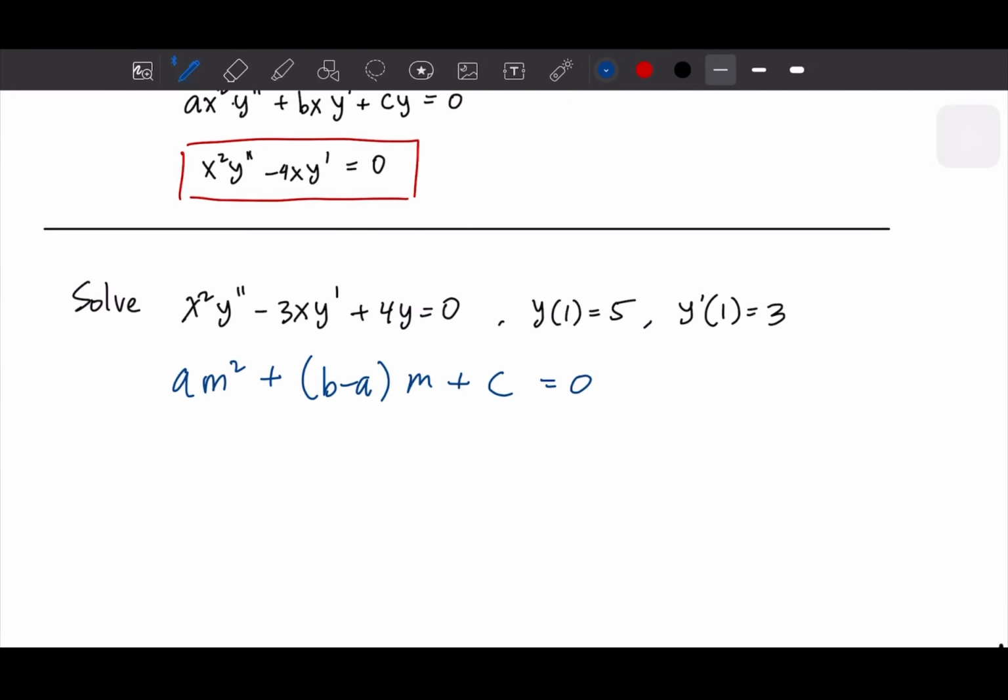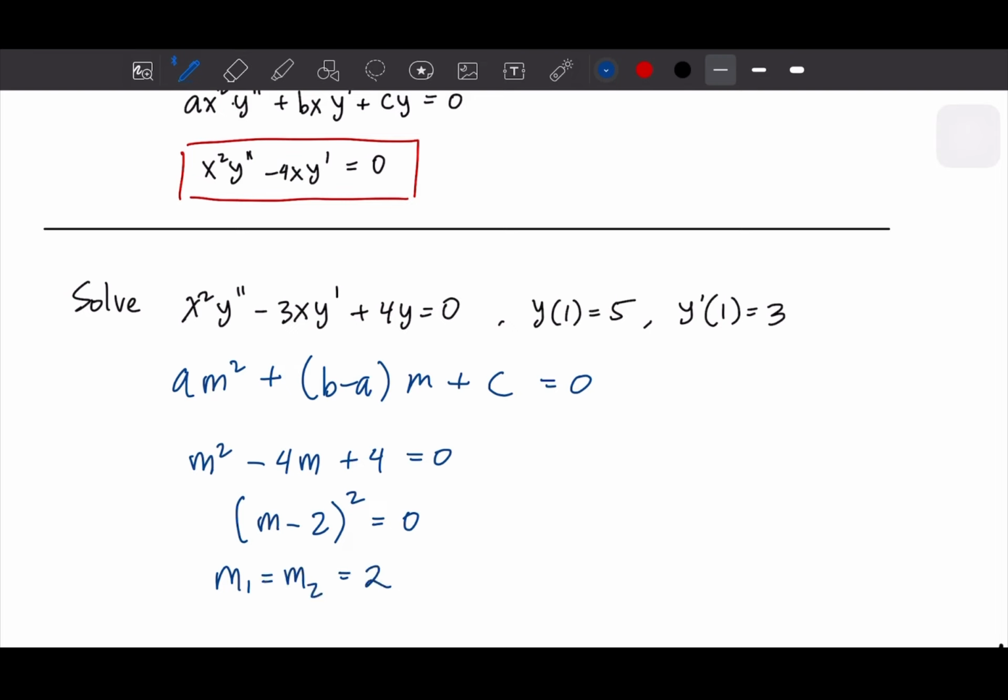So write all the values here. The m squared, b is -3, minus 1 is -4, and then c is 4, so plus 4. And this can easily be factorized as (m minus 2) squared equal to 0. So m1 equals m2 equals 2.